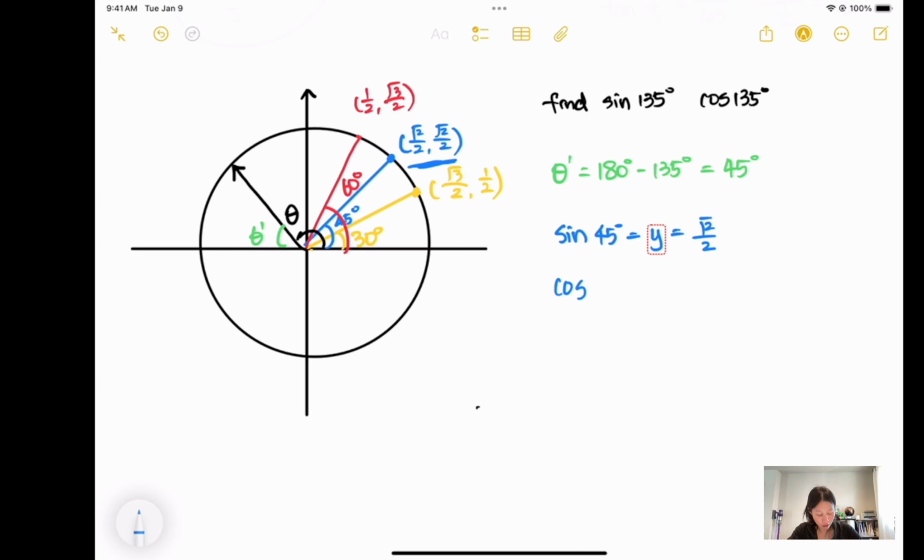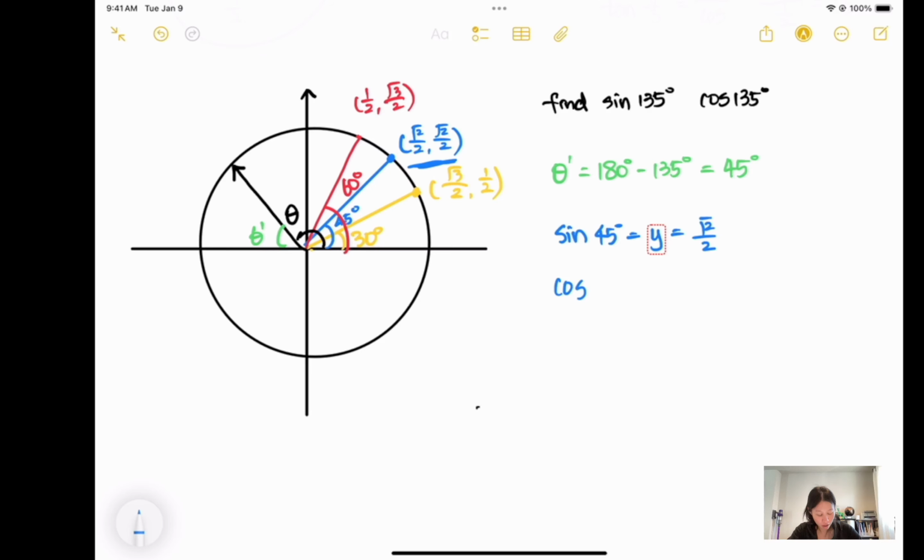So now the endpoint is in the second quadrant. What's special about the second quadrant? The x coordinate is negative and the y coordinate is positive. So our cosine is going to be negative and the sine is going to be positive.